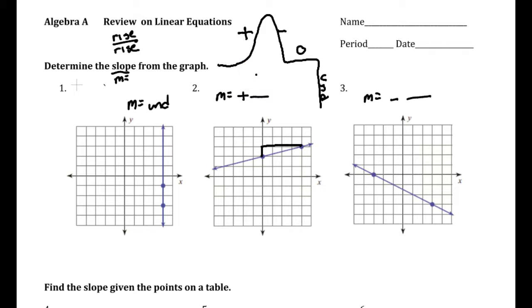Rise is on top, run is on the bottom. Here you can see the rise is negative, that's why it's a negative slope. So it's going to be 3, and then 1, 2, 3, 4, 5, 6. So negative 3 over 6, but make sure you reduce that. Anytime it can be reduced, it should be reduced. And of course, since it's going down, we know it's going to be negative.